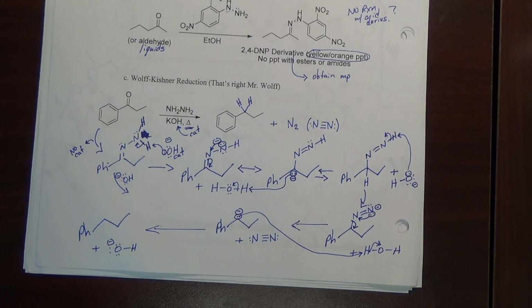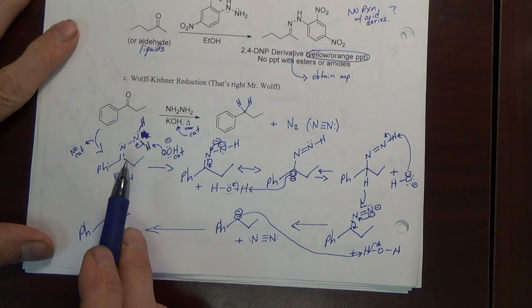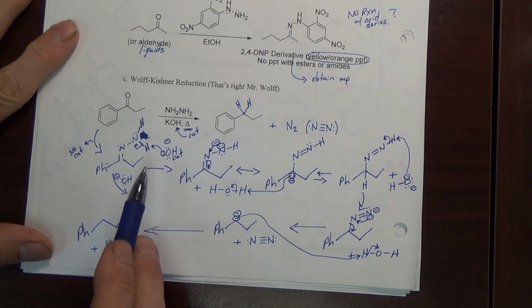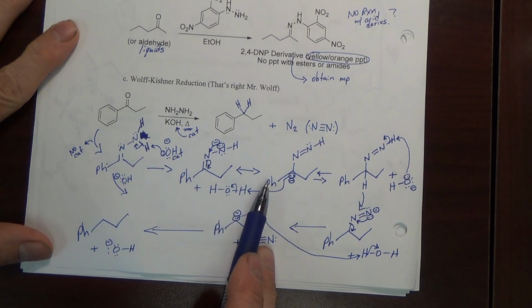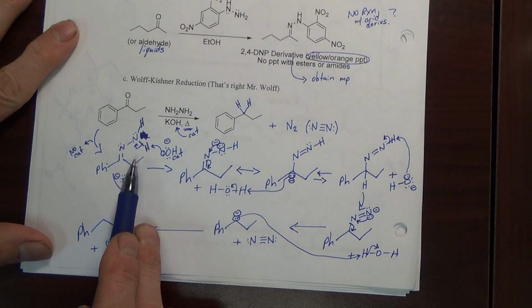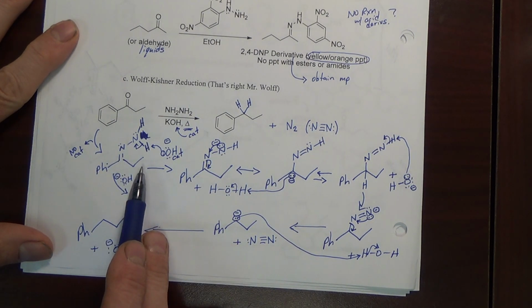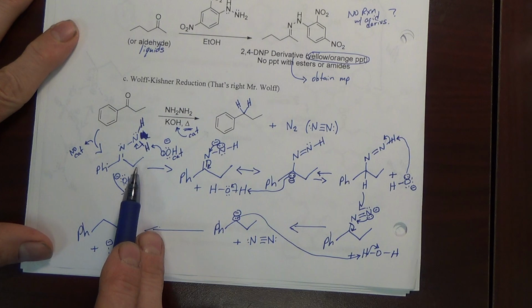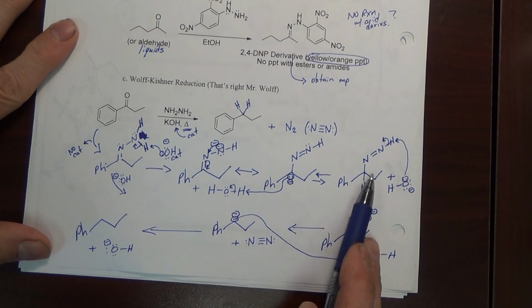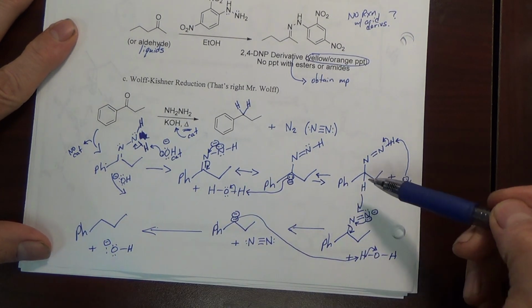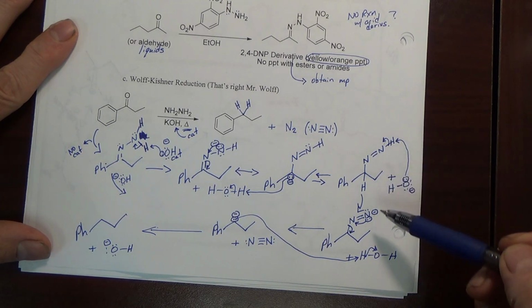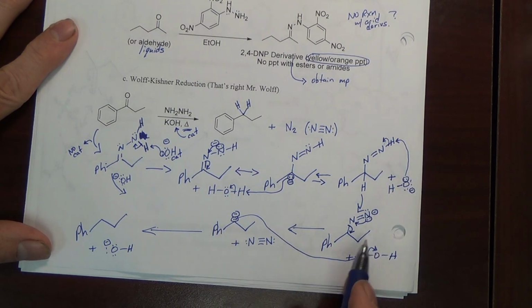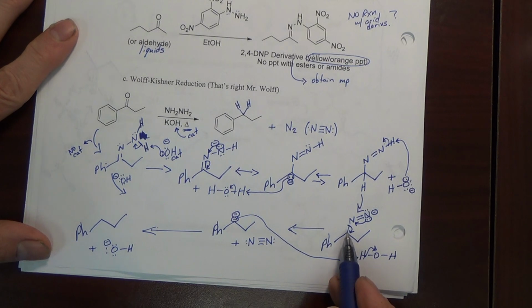Ultimately, the Wolff-Kishner mechanism is pretty straightforward. It's just acid-base chemistry. Take off H. It's almost like an enolization, tautomerization. Take off H, do resonance, put it back on. But we put it back on carbon. Take off H. This is not resonance though because we're breaking a sigma bond.